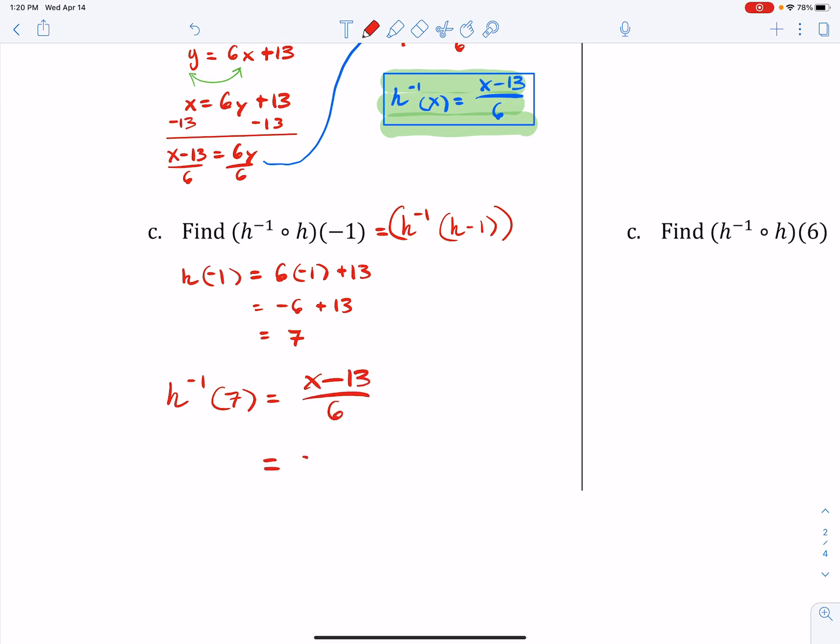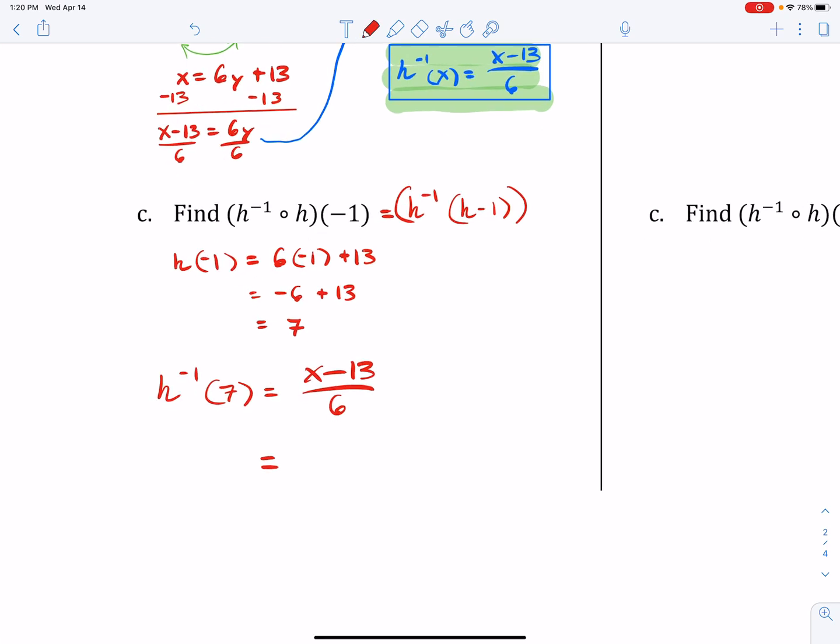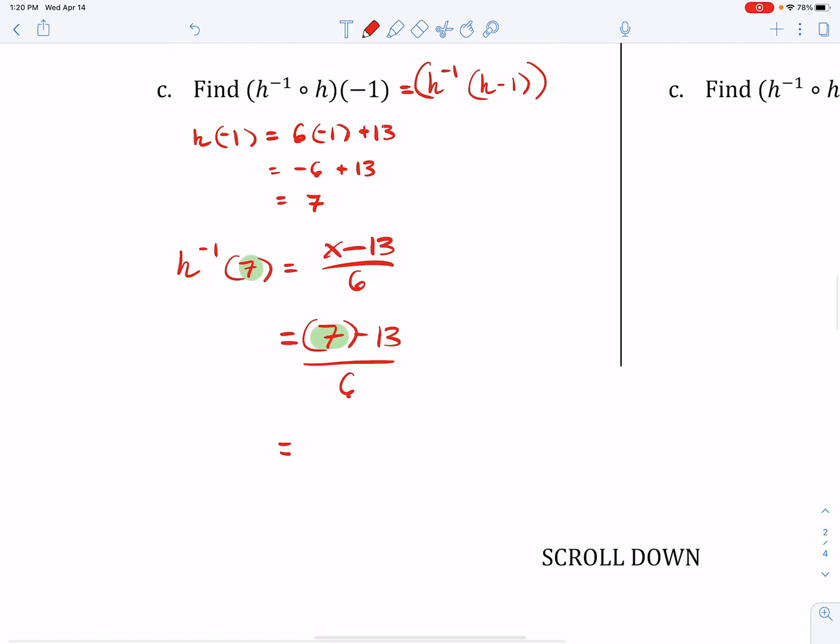I don't have this part in my notes, so I'm kind of expanding on my own notes here in real time. But let's highlight this 7 in green, I guess, just to kind of show you the green on where we're coming and where we're adding stuff into. And then from there, it's simple plug and play and solve. 6 over 6. Thus, our answer is -1.